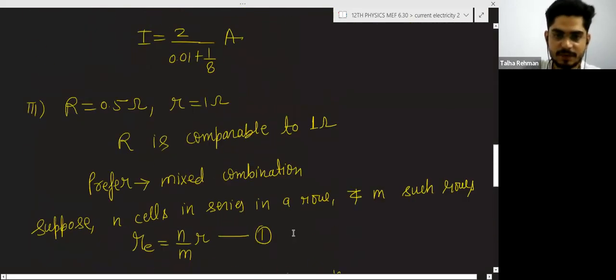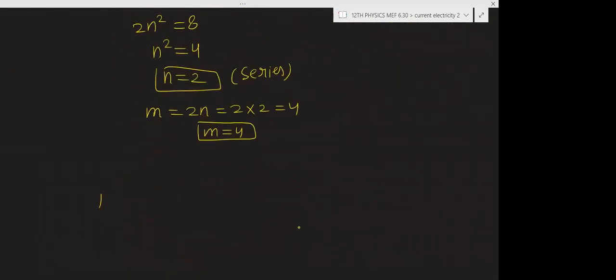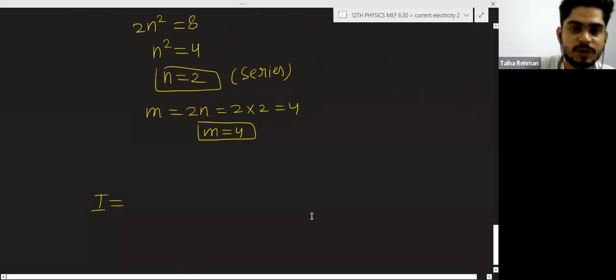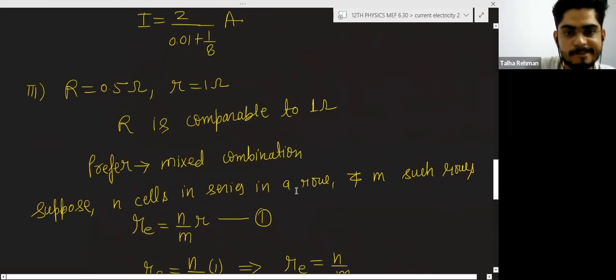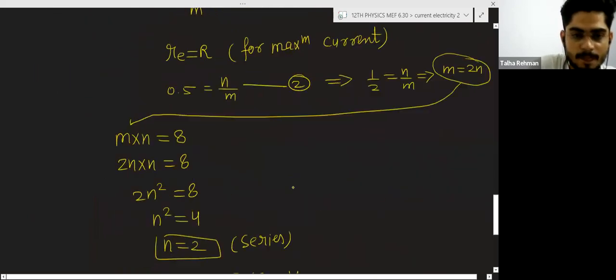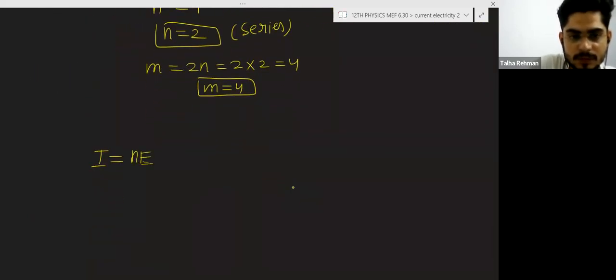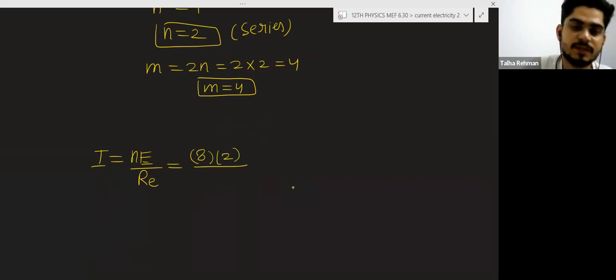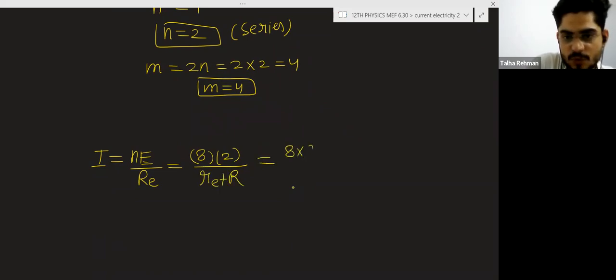And what is the current? What will be the current? Current will be total EMF, and total EMF will be NE divided by R equivalent. N is 8, E is 2, R equivalent is RE plus R. So 8 into 2. What is R equivalent?